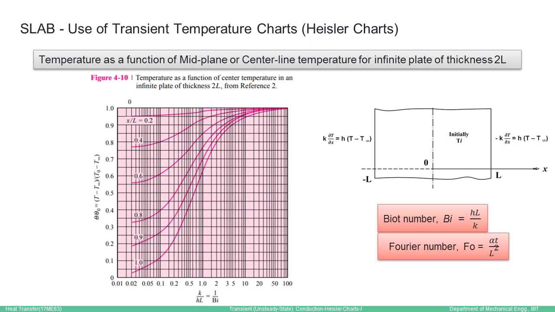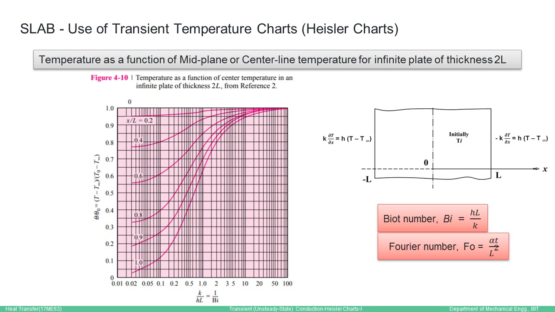If you want to find the temperature of the slab at x equal to L by 2, then you have to use x by L as L by 2 divided by L, which is equal to 0.5. In the graph it is not available for 0.5, so you have to interpolate a curve to get the corresponding values of theta by theta naught.